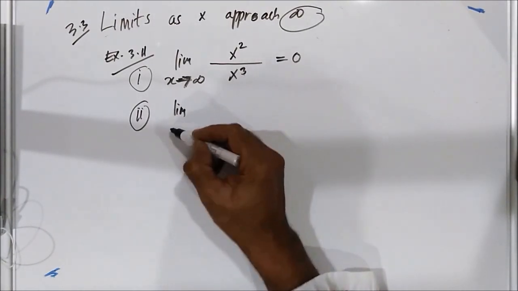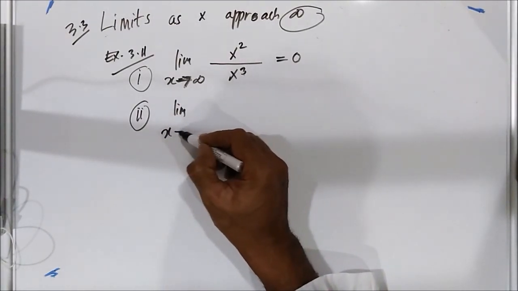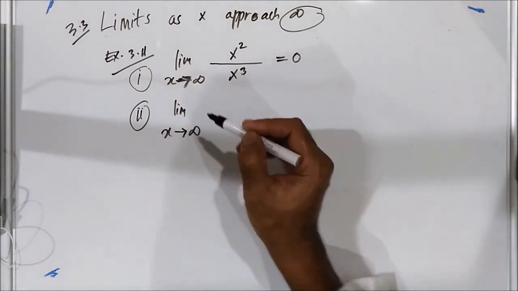Rule number 2, limit of, this is only for x approaching infinity.